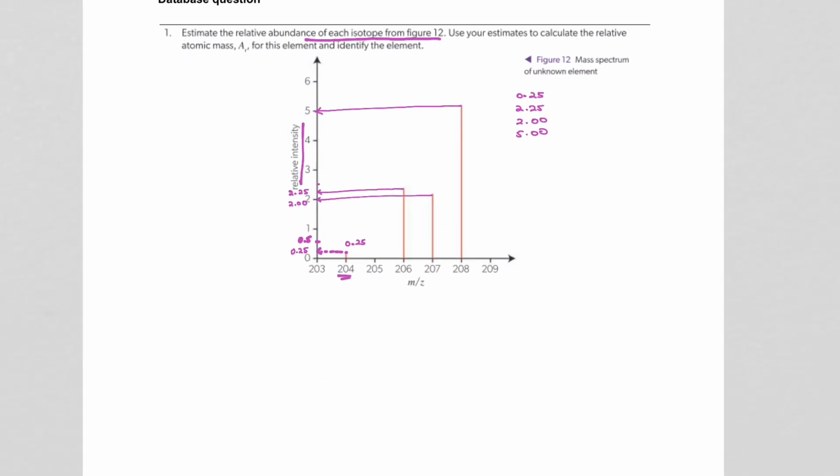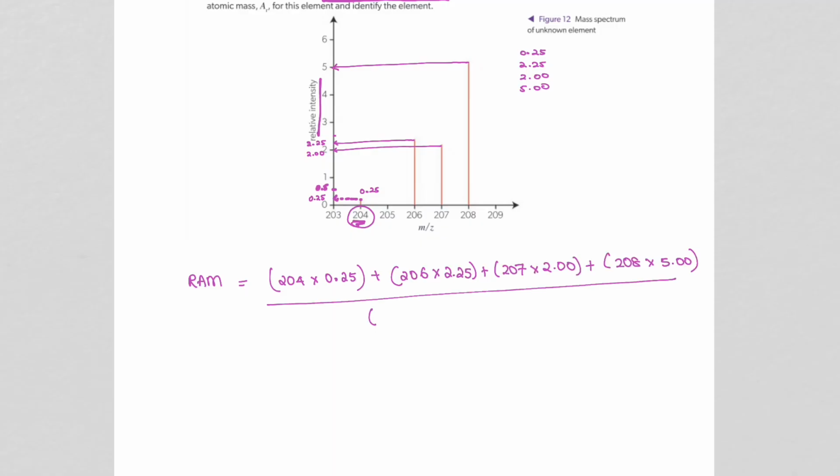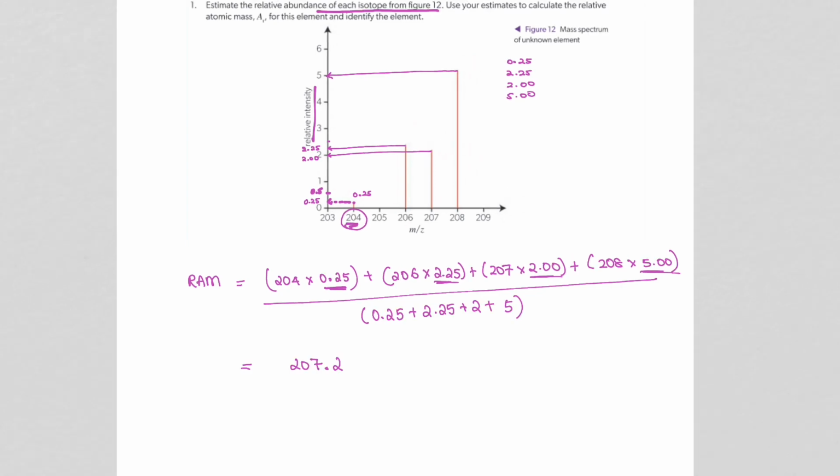So then when you're calculating the relative atomic mass, then you will use the AR value, so 204 times 0.25, and I'm going to work for each one. And then my denominator, the one at the bottom, is going to be a sum of the relative abundances. So this is the answer.